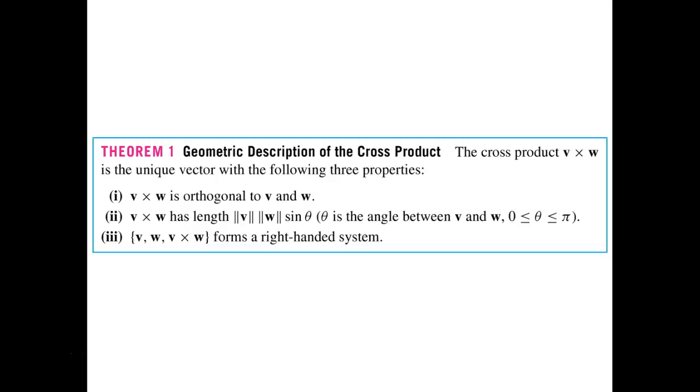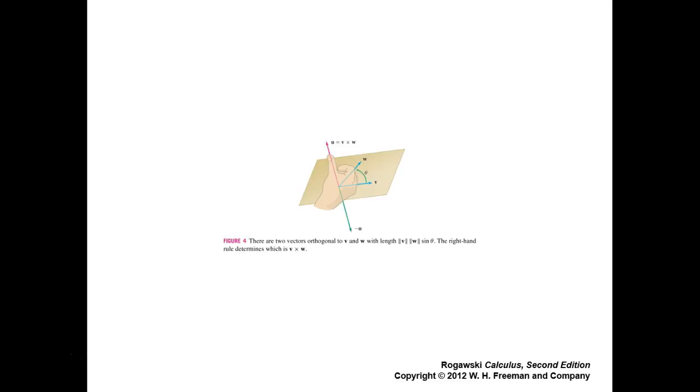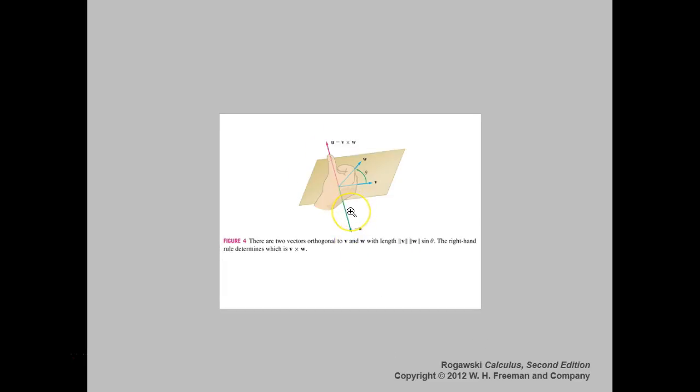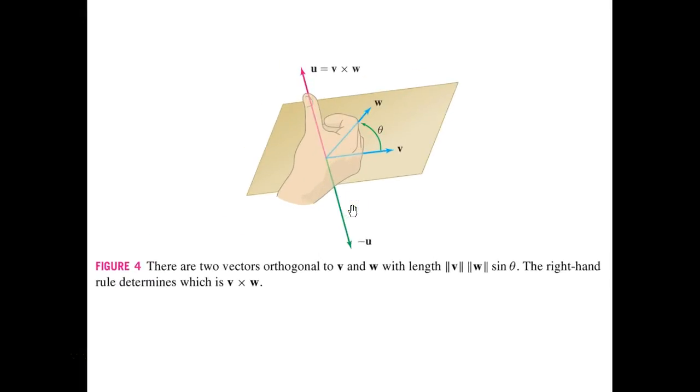Okay. I think we're ready for example 3. Let's see. No, this is the verbiage, I think, after that theorem. The more right-hand rules. How do these three properties in that first theorem determine V cross W? Property 1 basically identifies the line that it's along, and basically sort of tells you the direction too, but not quite.